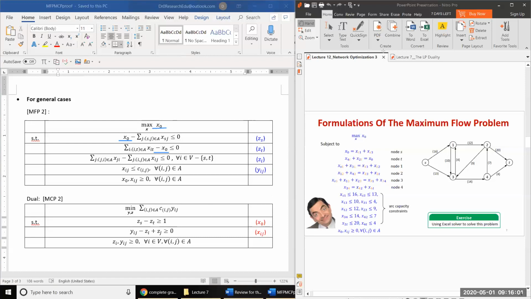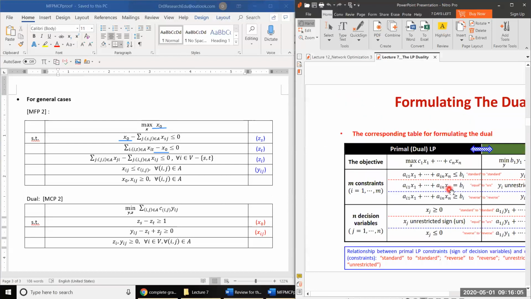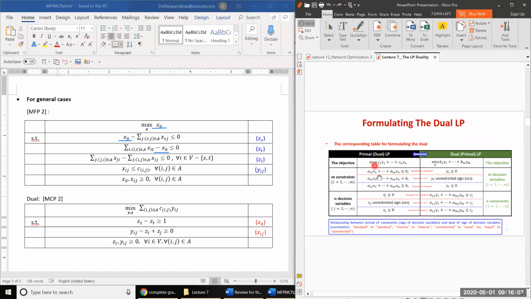Remember how you formulate the dual? Let's go back here. The primal is this one. You have your type of constraints in this way, and your primal variable is in this way, x_ij greater than or equal to 0. This is standard form.